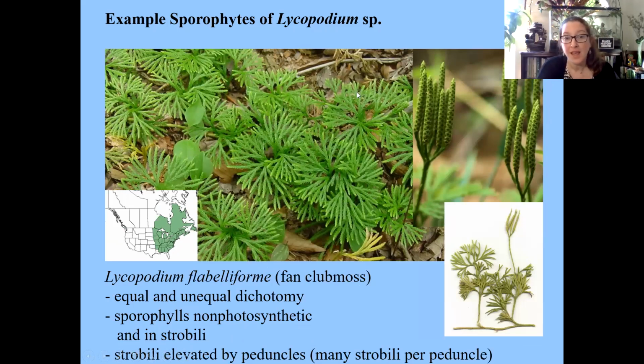Here we go. And here's another example. So look, Lycopodium flabelliforme, fun to say. Here now we have equal and unequal dichotomy. We have strobili again, but we also have the strobili elevated by special stalks called a peduncle. Peduncle will also show up in other phylum later in the course, just so you know. It's not a one and done term.